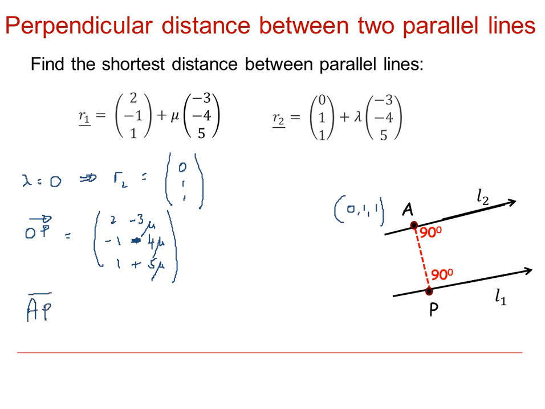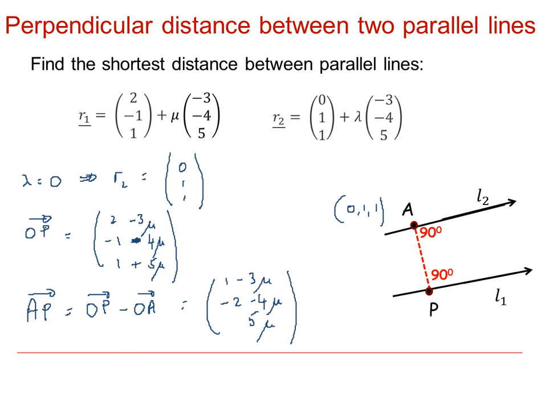AP is going to be equal to OP minus OA, the position vector of A. So in other words, we're just subtracting (0, 1, 1) from the vector for OP. So that's going to be equal to (1 minus 3 mu, minus 2 minus 4 mu, 5 mu).